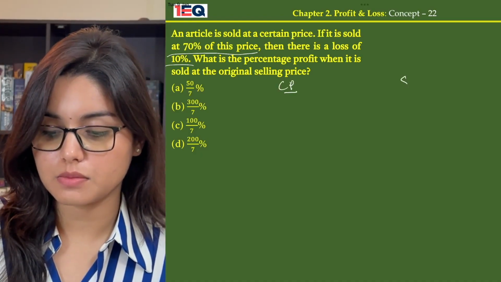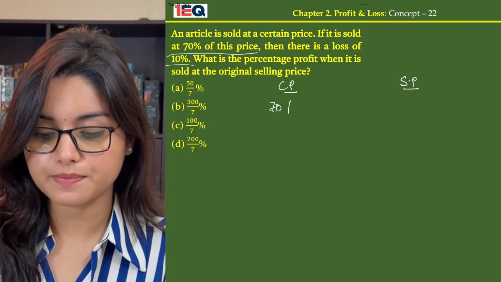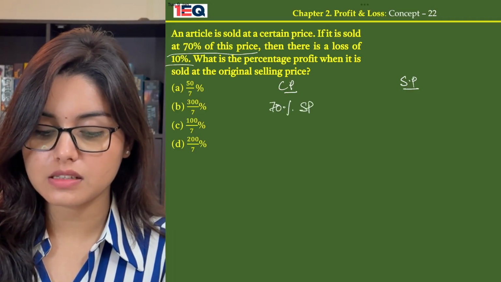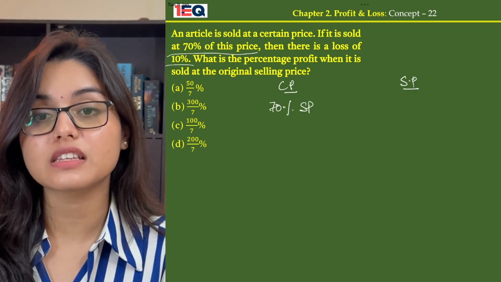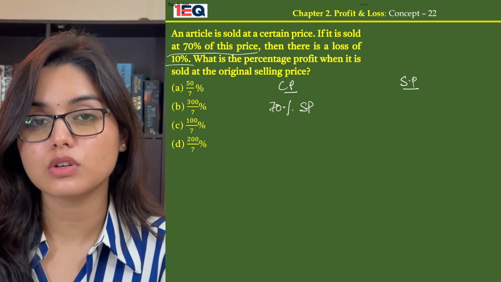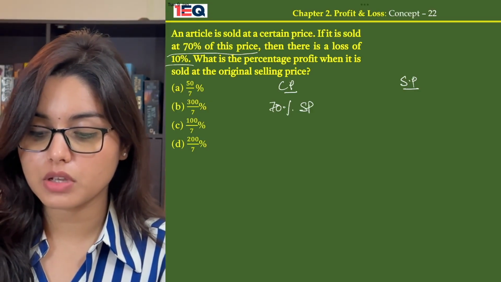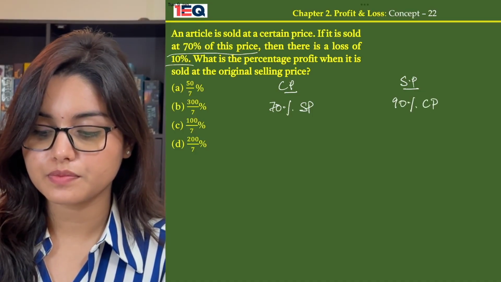My cost price will be 70% of SP, because as it is said, if it is sold at 70% of that selling price, the selling price then becomes 90% of CP.